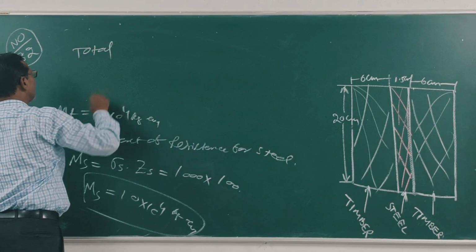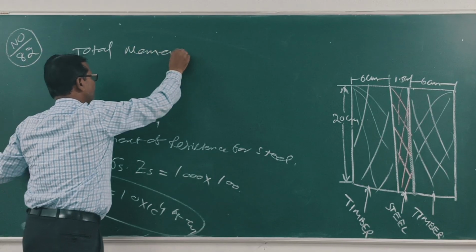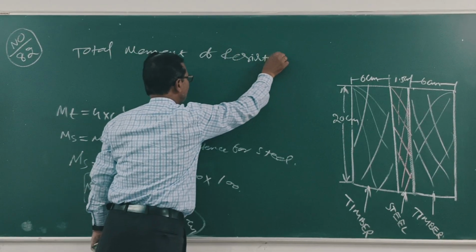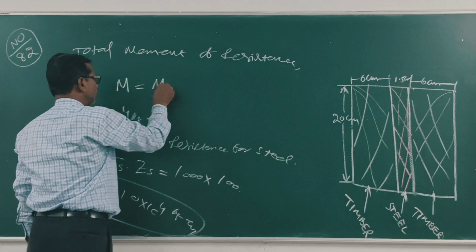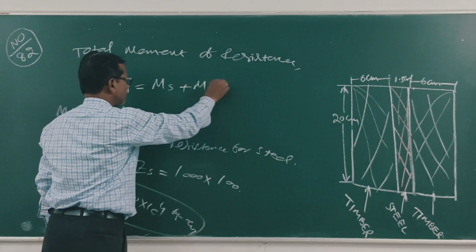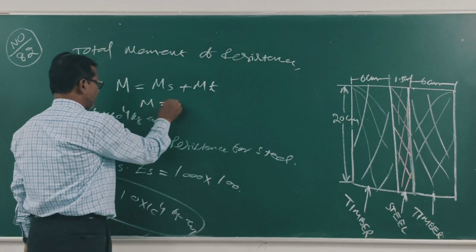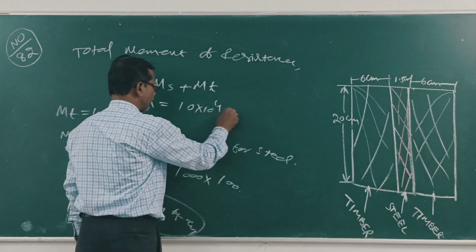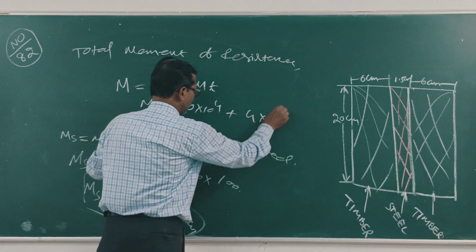Total moment of resistance. M is equal to Ms plus Mt. What is M equal to? What is Ms? 10 into 10 to 4 plus 4 into 10 to 4.